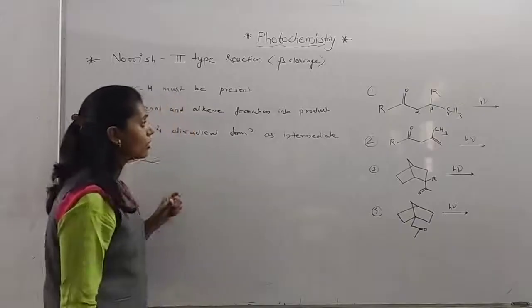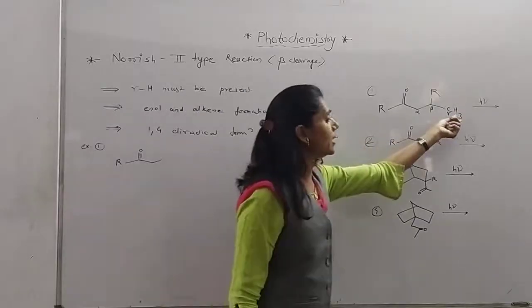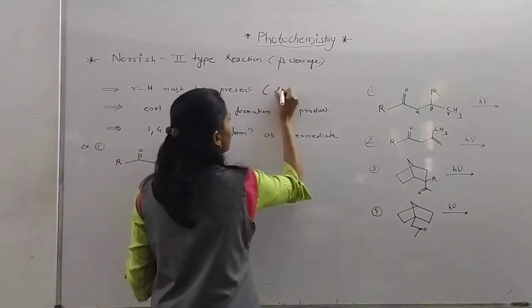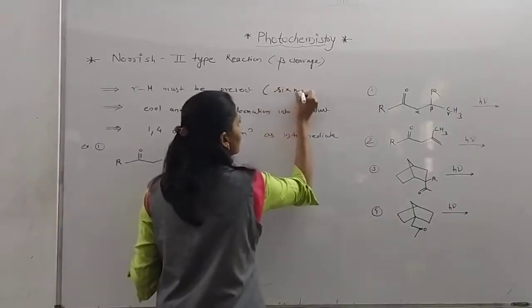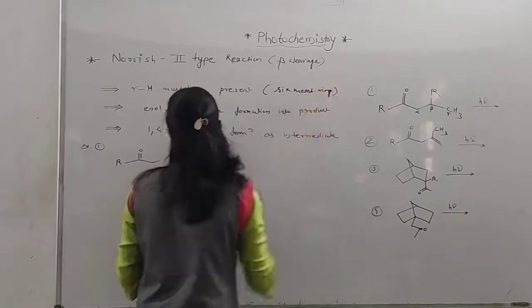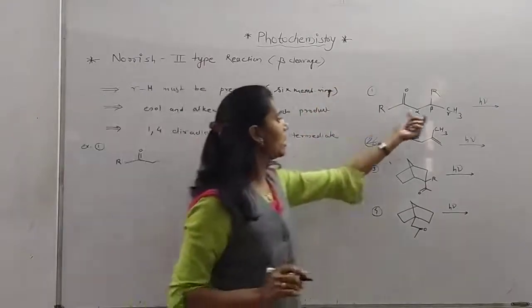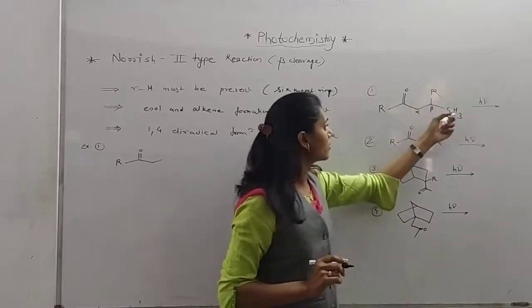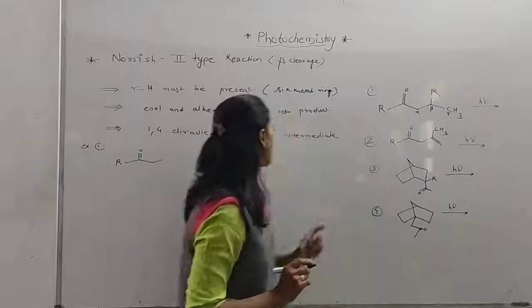If we want the gamma hydrogen, one trick is that a 6-membered ring is formed. So we redraw the compound like this, with the gamma hydrogen in a 6-membered ring.